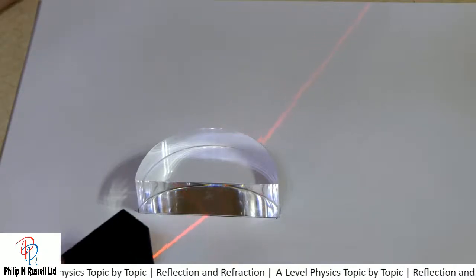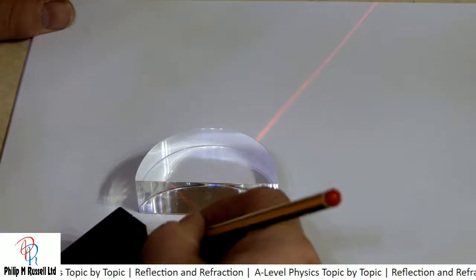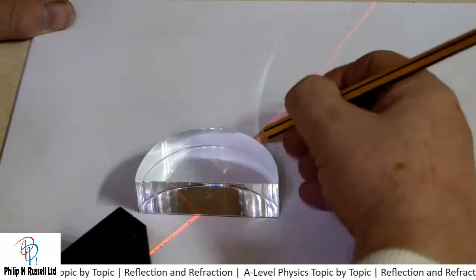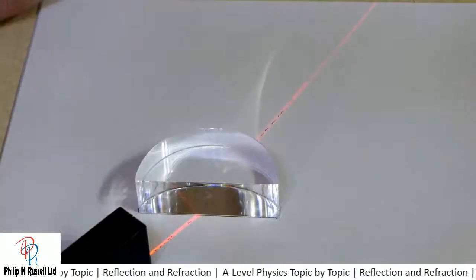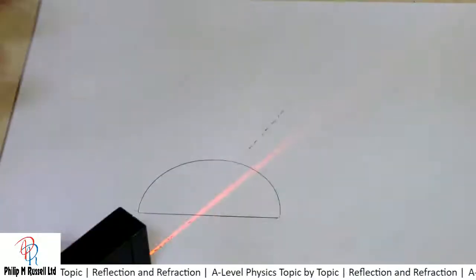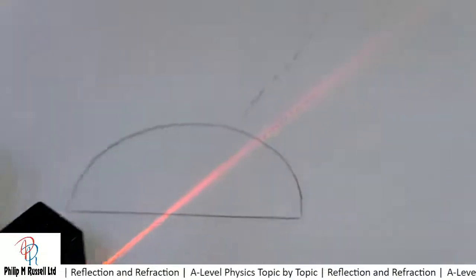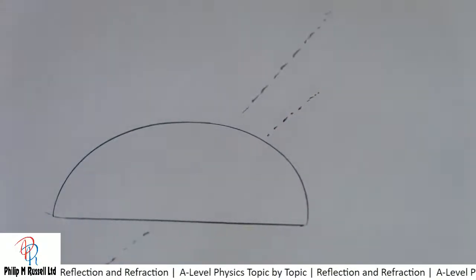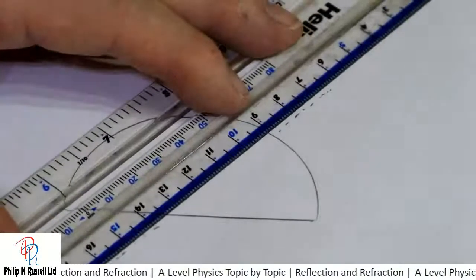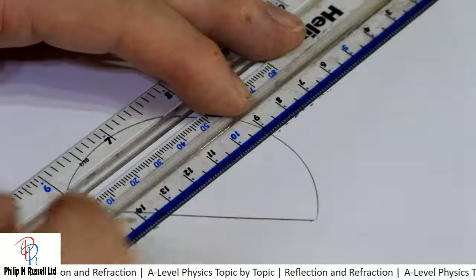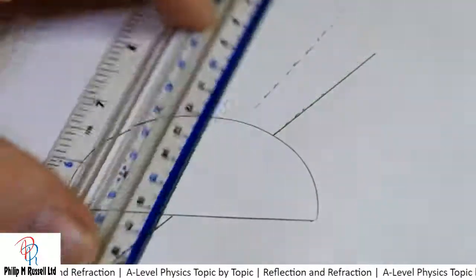We're going to get our light going in, and we're going to get our light coming out. This is doing the same type of thing as we had before, and we can calculate exactly the same things. Line going in, line going out.